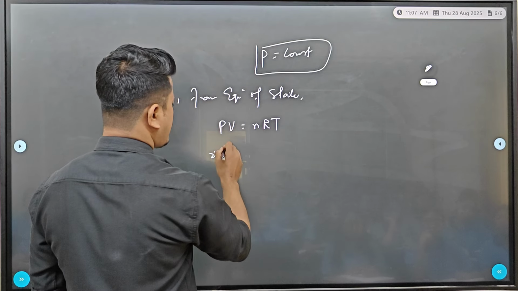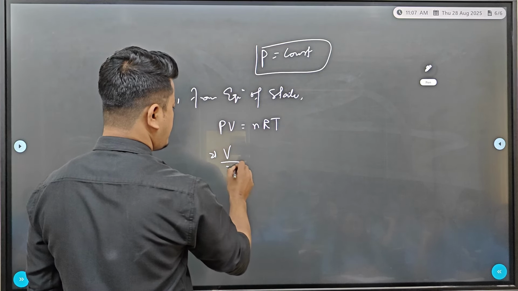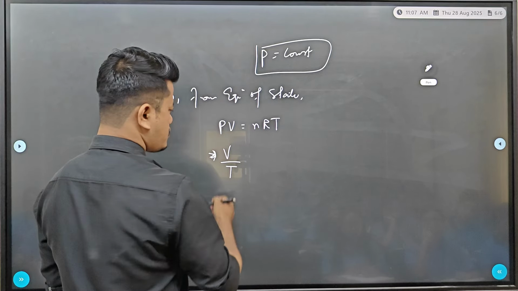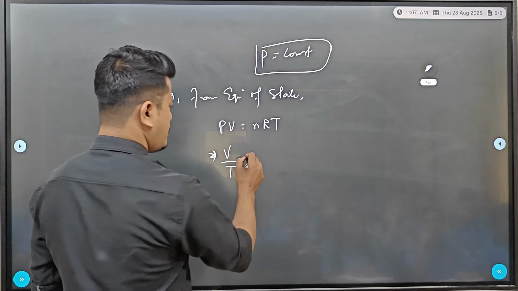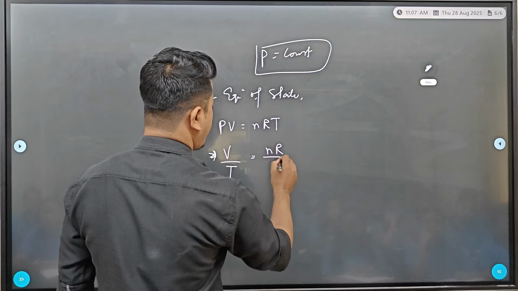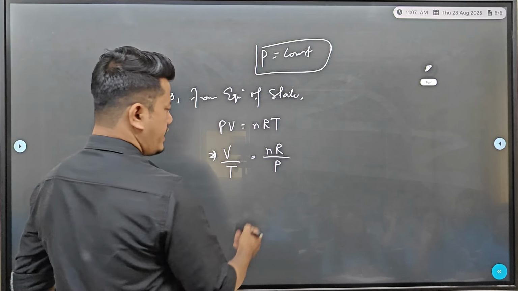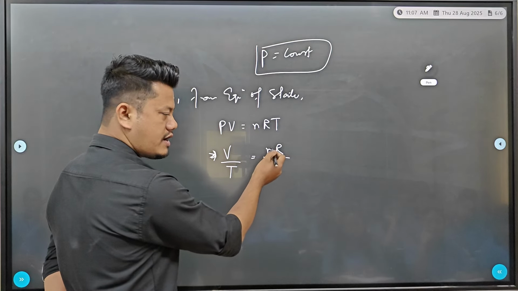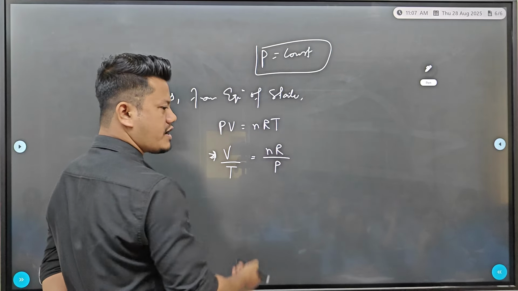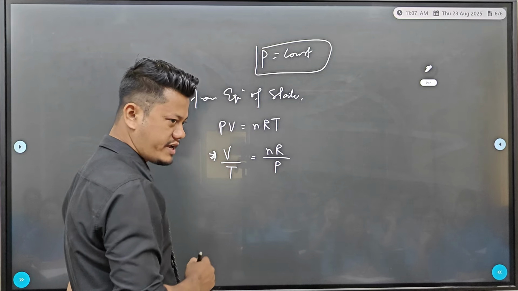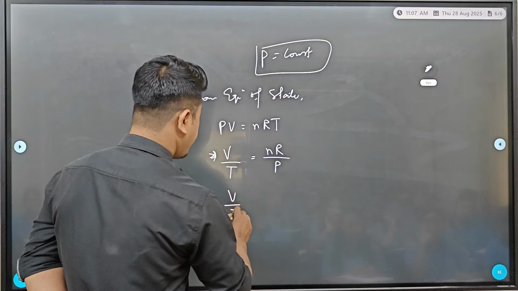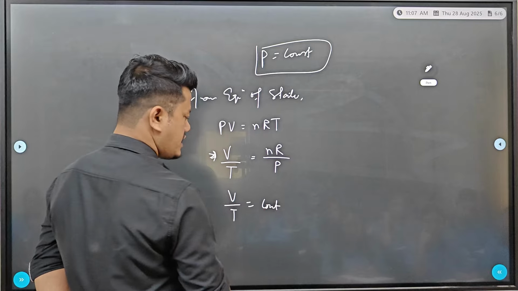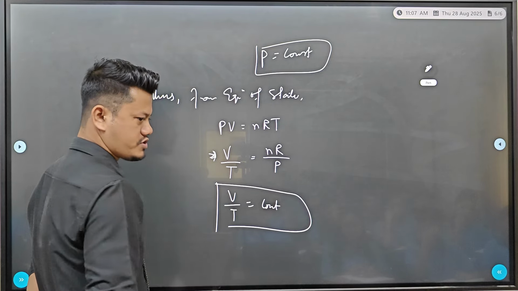So I'm keeping V over here and bringing the T towards the left hand side. So I can write V by T equal to nR by P. n is the number of moles for a particular gas, it will remain constant. R is the universal gas constant and P is the pressure, which is again a constant under isobaric. So can I write V by T equal to constant? This is the equation of isobaric process.